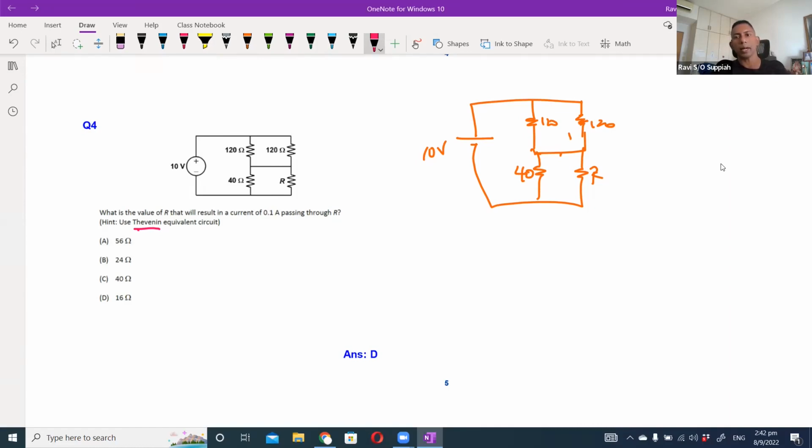So you can see that when the current comes here, from here it will split into this branch and this branch, correct? And over here, this is a short circuit part.